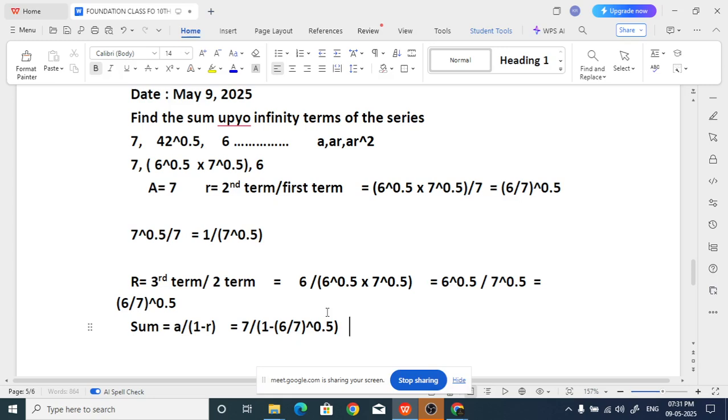You simplify this. No, I think you are all very poor in calculations. That is the problem. So here 7 divided by, on the denominator you will have 1 minus 6 by 7 whole power 0.5. That can be written as 7 to the power 0.5 into root 7 minus root 6, and divided by what?